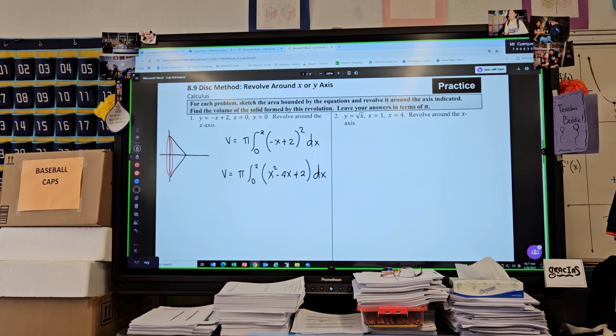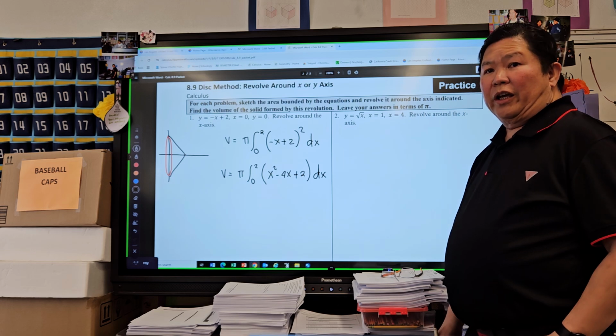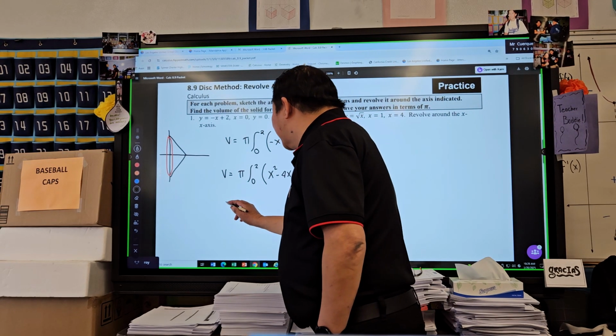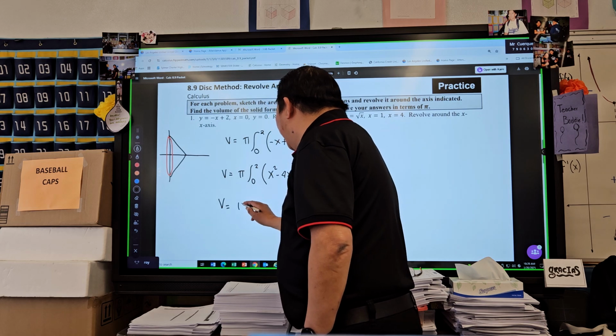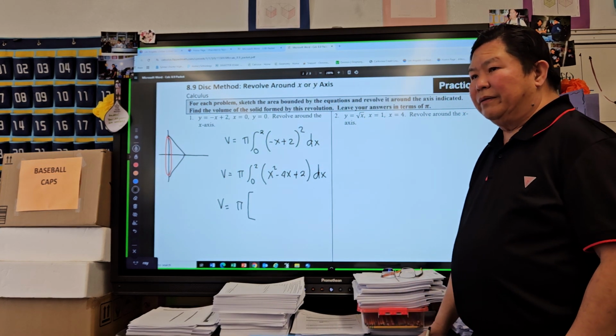You can evaluate now. Actually, I'm gonna write it down. Evaluate this now: volume is equal to pi, and then you take the antiderivative.